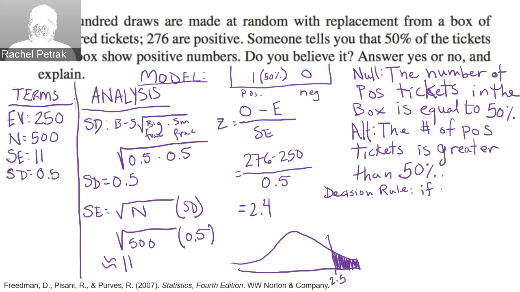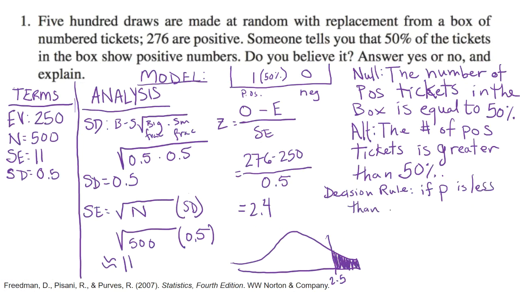If your p-value is less than 5%, then it's significant.